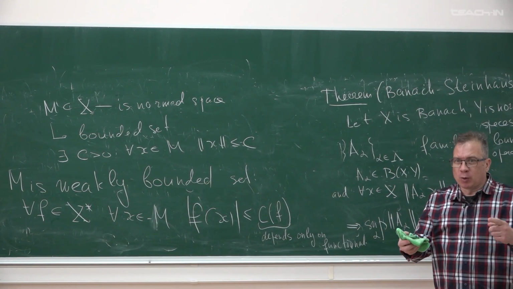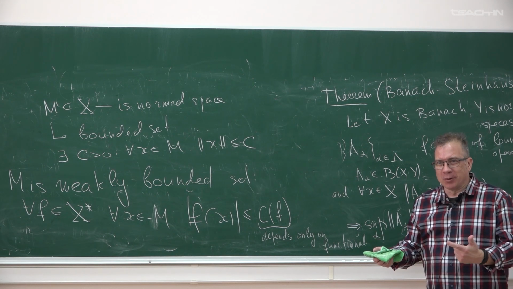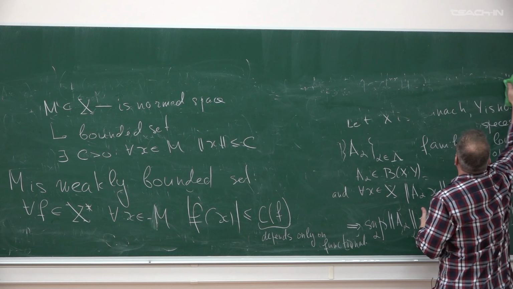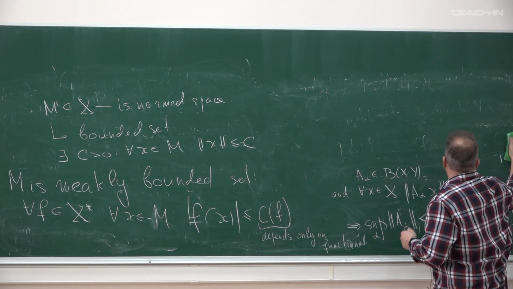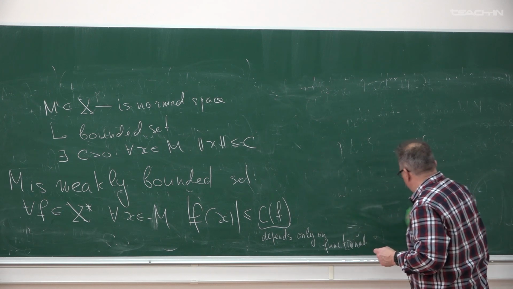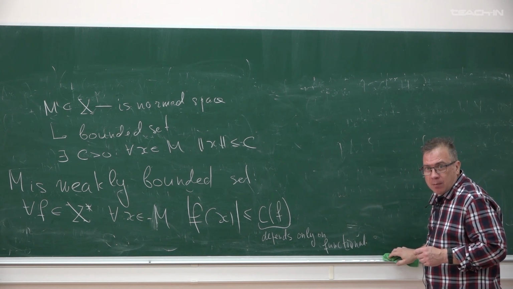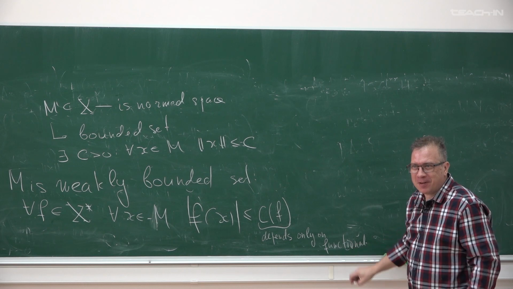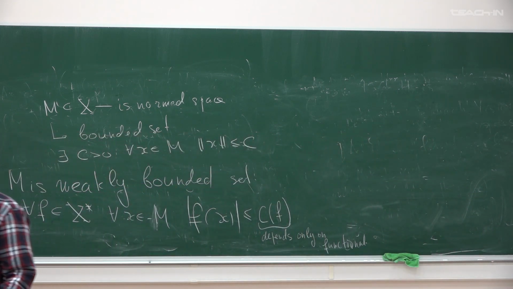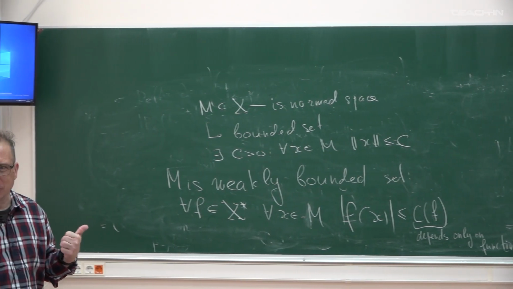What is the difference between a bounded set and a weakly bounded set? It may be a surprising fact, but there is no difference. It is one of the rarest examples when the weak notion coincides with the usual notion.